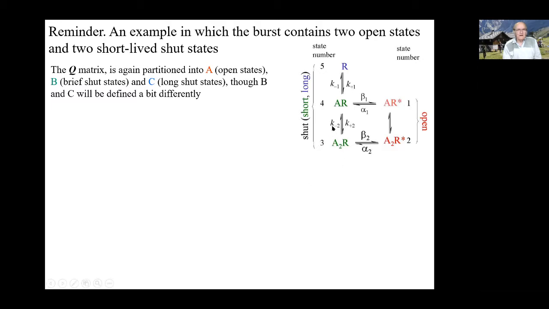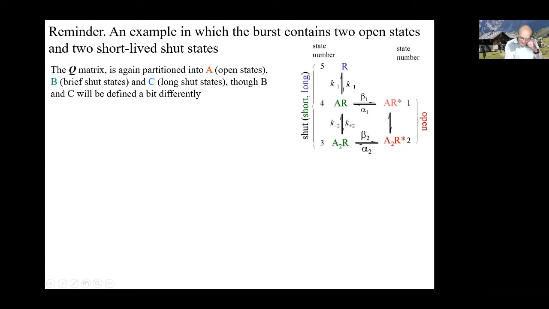Again, we partition the matrix into open states, these two, and shut states, those two. And in fact, we'll divide the shut states into long-lived shut states, such as the vacant receptor if you're working at a very low agonist concentration, which are between bursts of openings, and the shorter shut times, which are within bursts of openings.